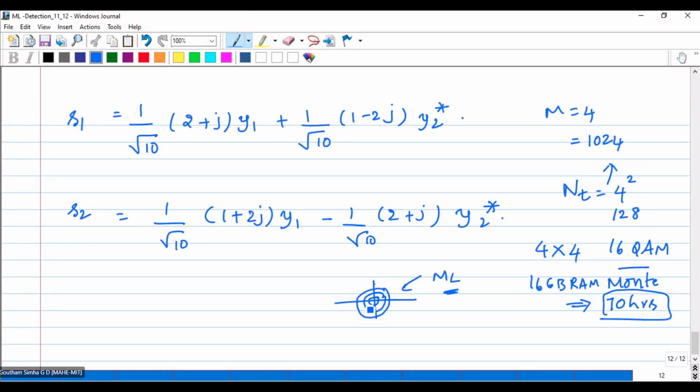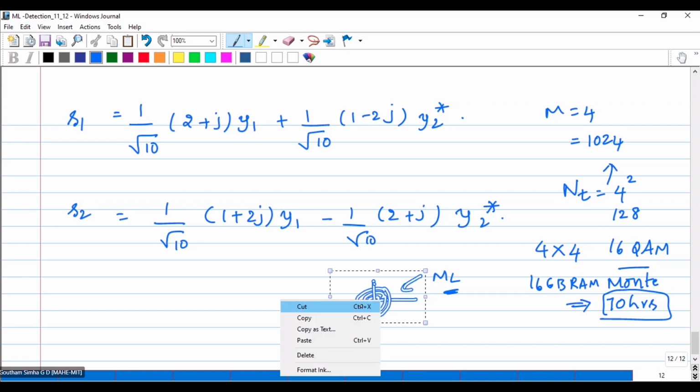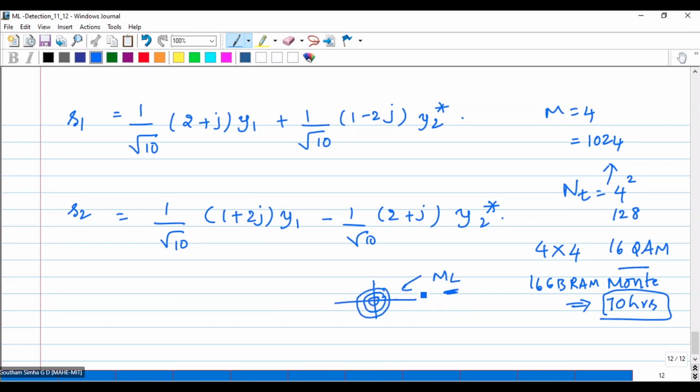It reduces the search space, because if the point lies inside the sphere, that could be the point. Similarly, the same methodology is used as the radius grows, when ML becomes very complicated. So the sphere decoding approach can be used to reduce computational complexity. Approximately 30% of the computational complexity can be reduced, not by many orders.